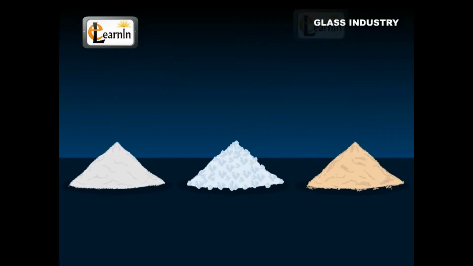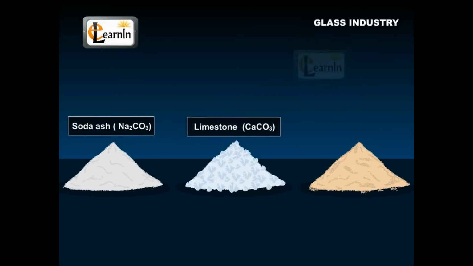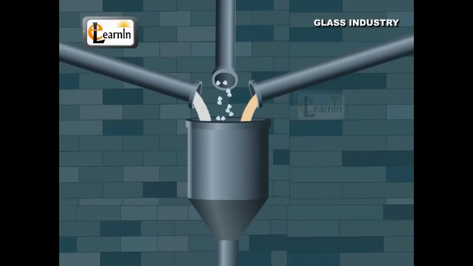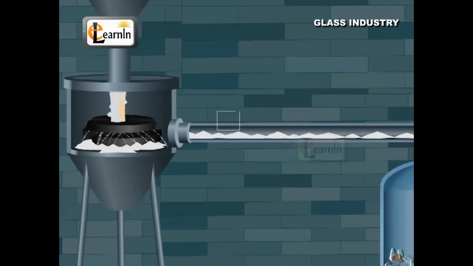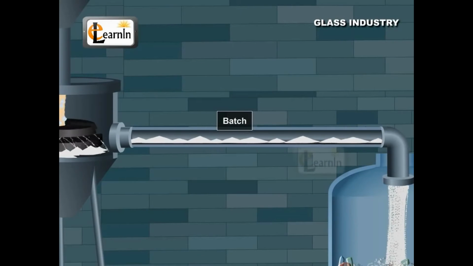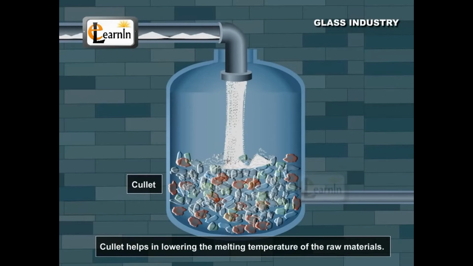The raw materials used for glass are soda ash Na2CO3, limestone CaCO3, and sand SiO2. These materials are taken in required proportion, thoroughly mixed and ground to get a powder called batch. Batch is mixed with cullet, which helps in lowering the melting temperature of the raw materials.